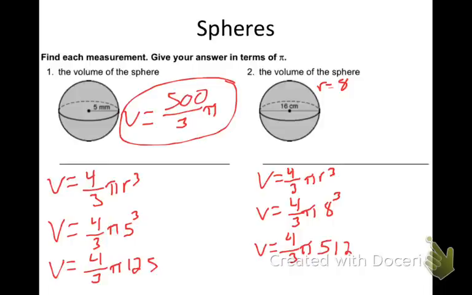So I do 4/3 pi times 512, or 4 times 512, which is what, Max? 2048. So 2048 pi over 3. Am I right? Yeah. There's the volume of that sphere right there. Nice job.